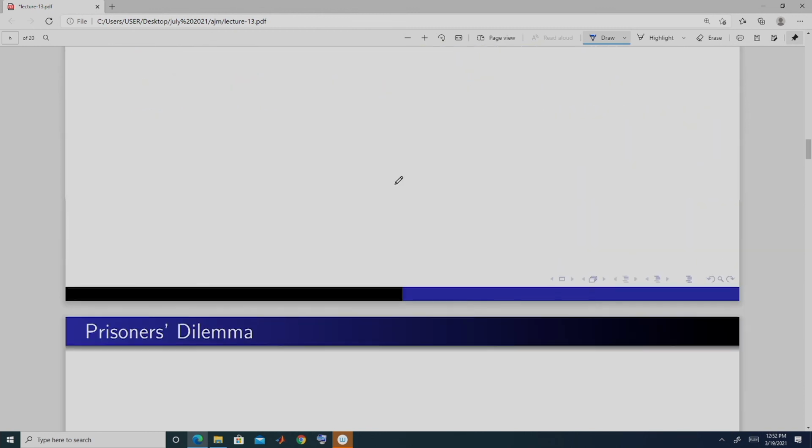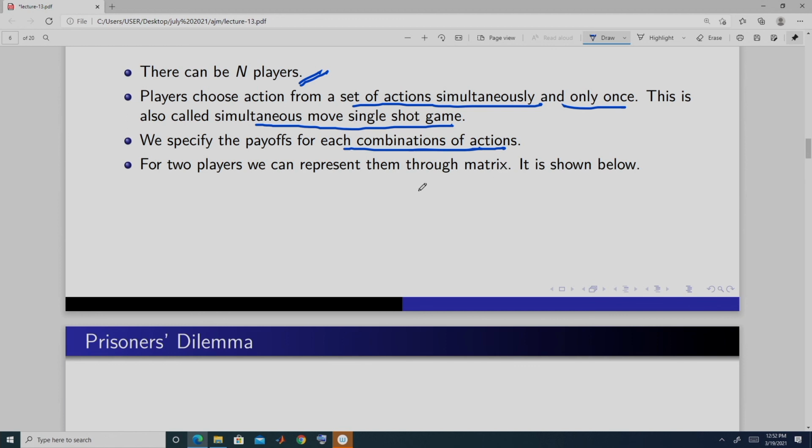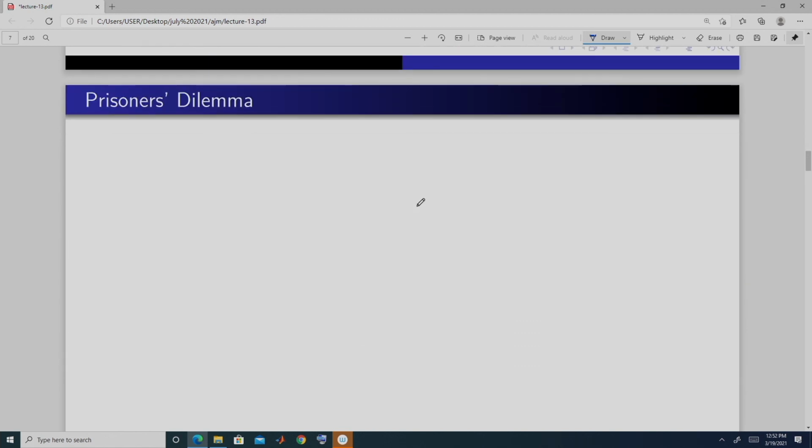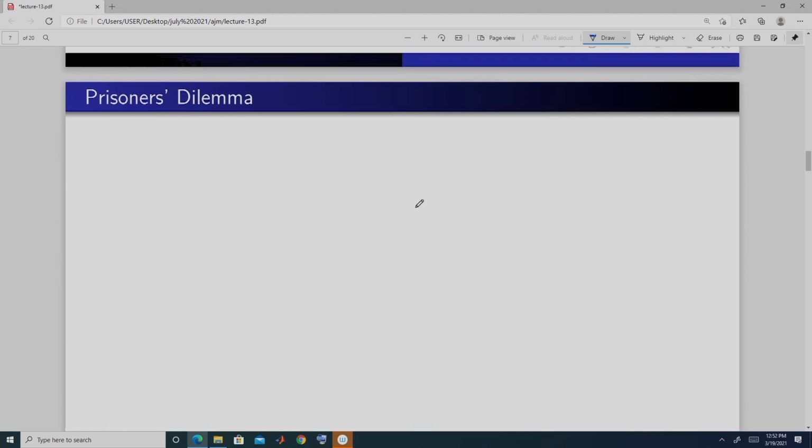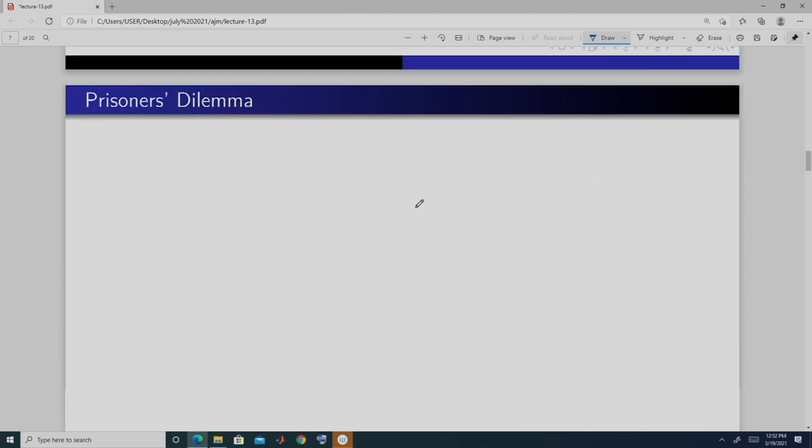A normal form game can be represented through a matrix, and it is a very convenient way. So, we will specify a very famous game that is called the prisoner's dilemma. So, there are 2 prisoners, prisoner 1 and prisoner 2, and they are interrogated simultaneously in 2 separate rooms.